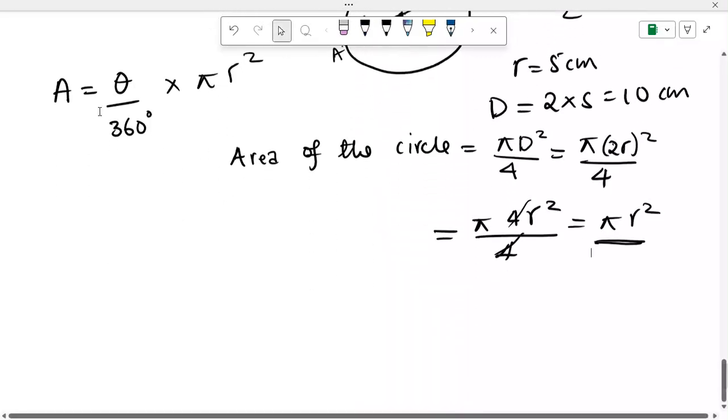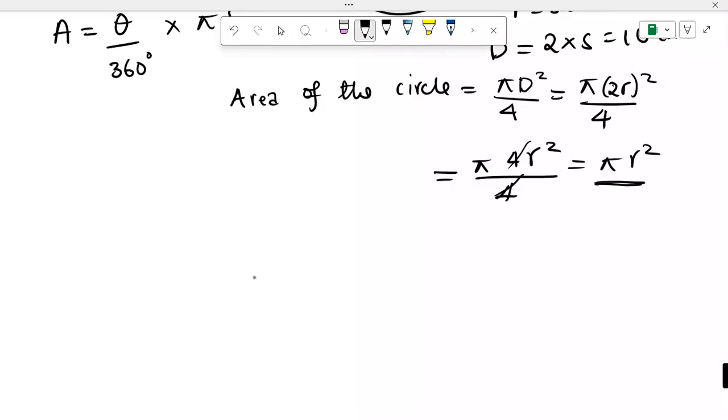So you have two forms of calculating the area of a circle. If you have a diameter, you can calculate it directly with pi d squared over 4.